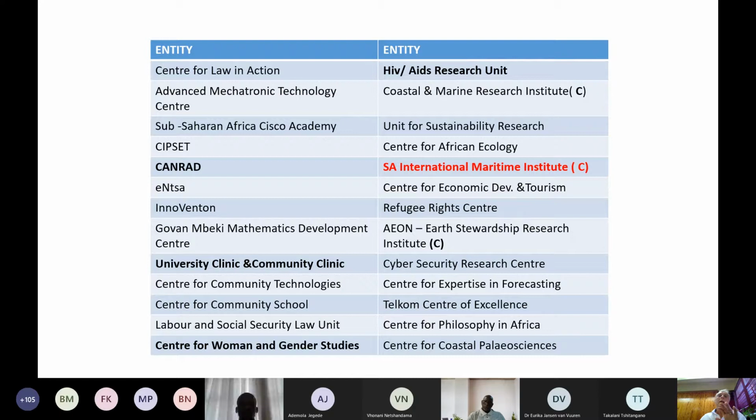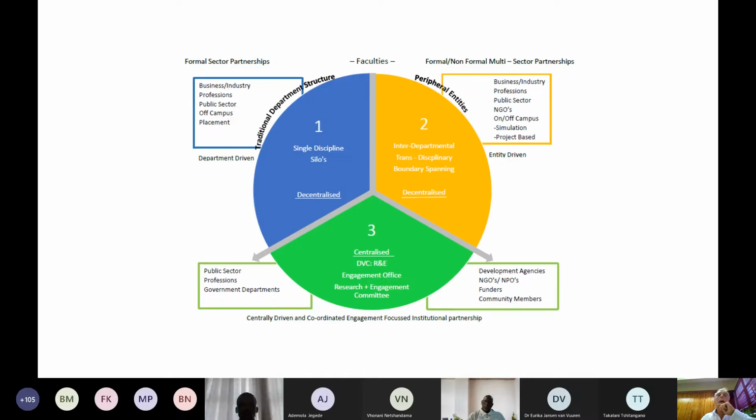So by just looking at the nature of them, like a Center for Community Technology, Center for Community Schools, Labour and Social Security Law Unit, Center for Law in Action, it gives you an idea that the work of the discipline has been taken off campus. Center for Sustainability Research, I will talk to that soon.